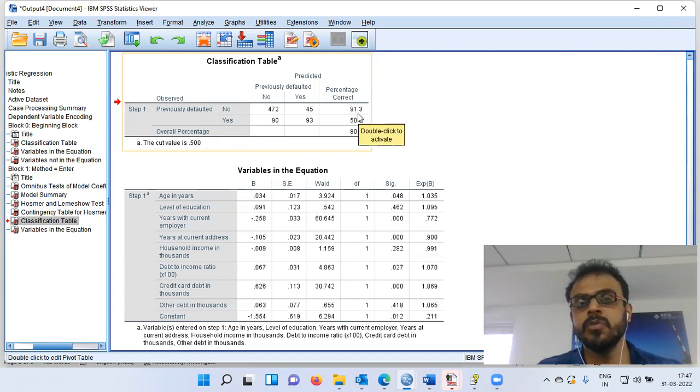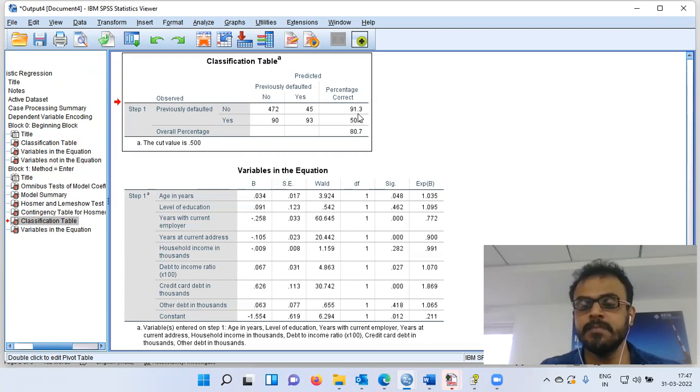So in identifying non-defaulters, my model is doing a fantastic job because it is telling me that 91 out of 100 non-defaulters have been correctly predicted as non-defaulters. So this is the true negative.